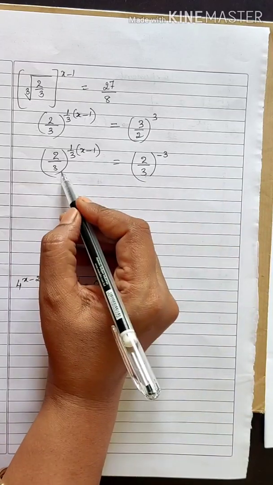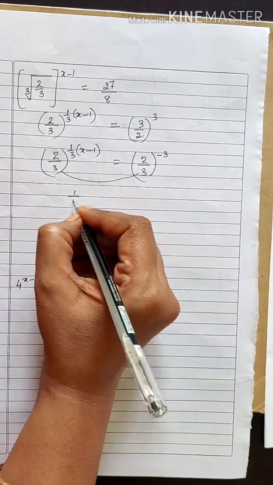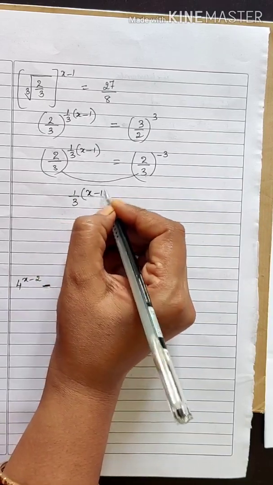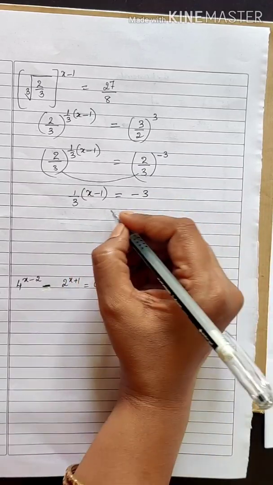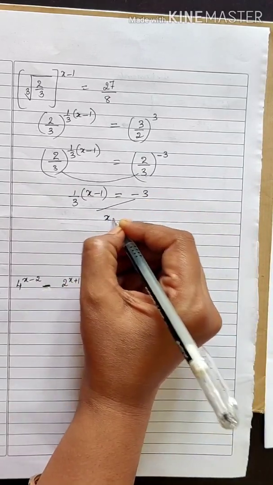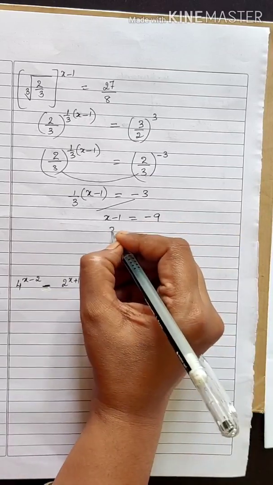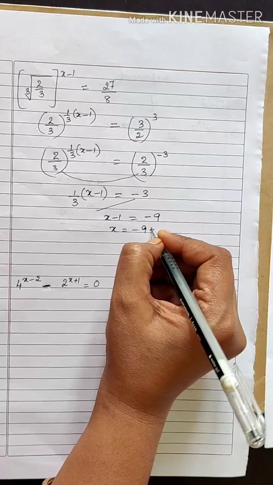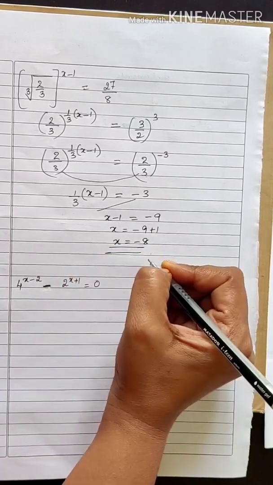So if you observe here, now the base is same, so automatically the powers become equal to each other. So 1/3 of (x-1) is equal to minus 3. Doing cross multiplication, you get x-1 is equal to minus 9, or x is equal to minus 9 plus 1, which is equal to minus 8.